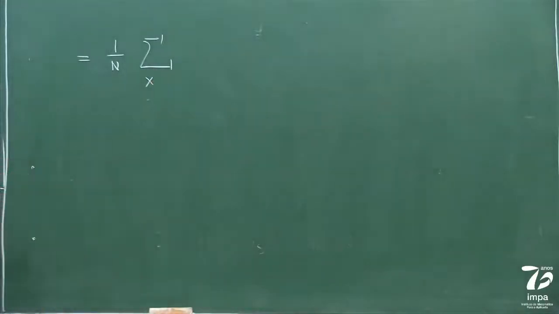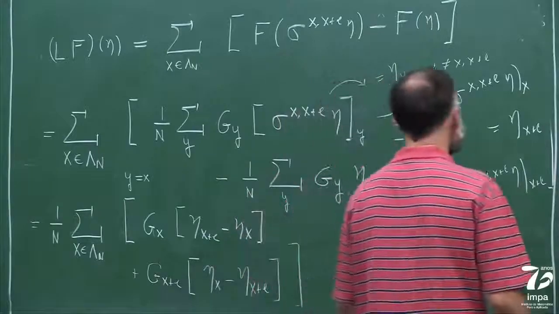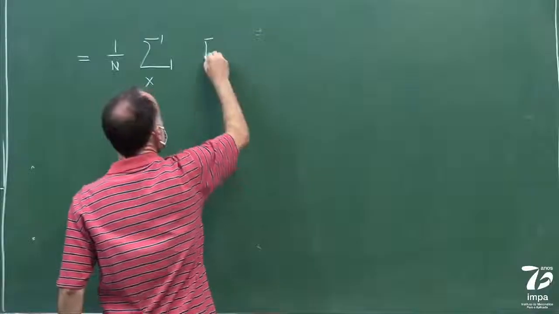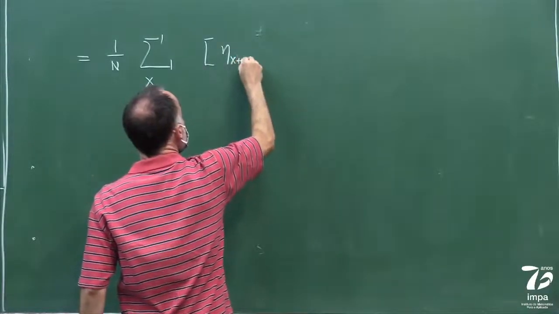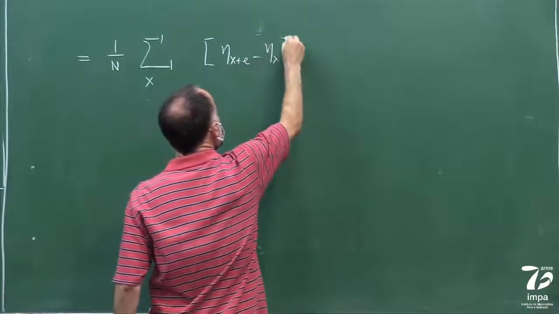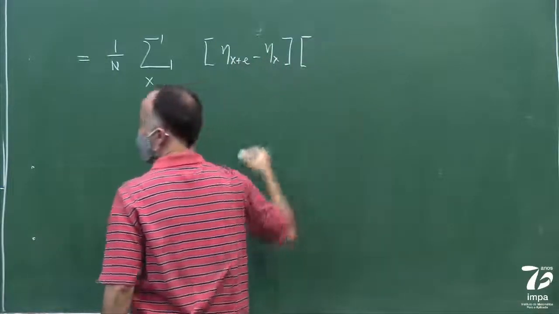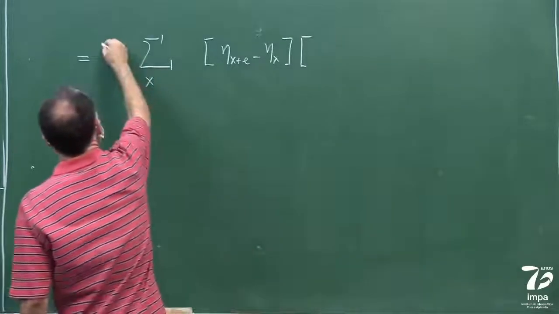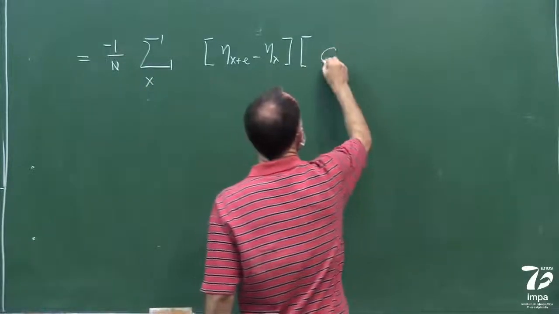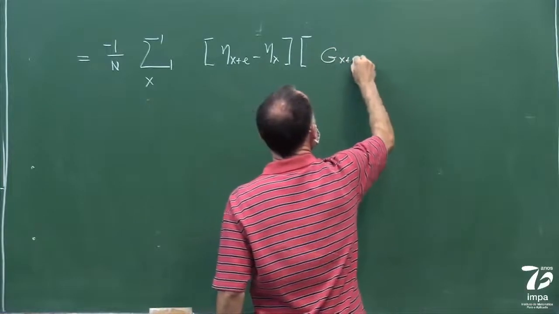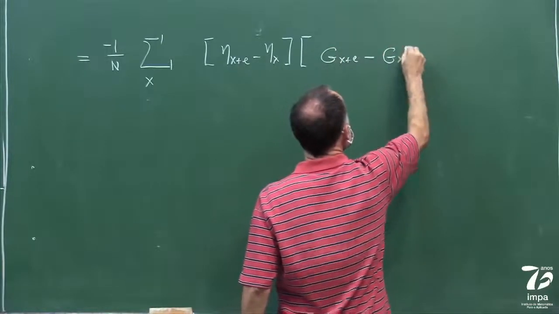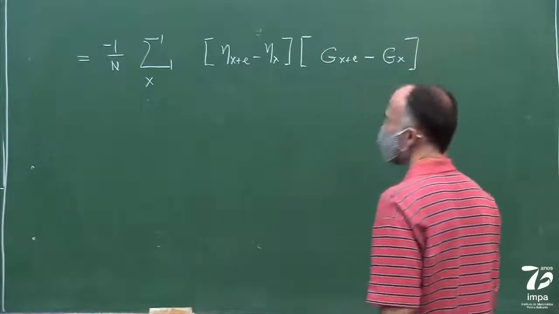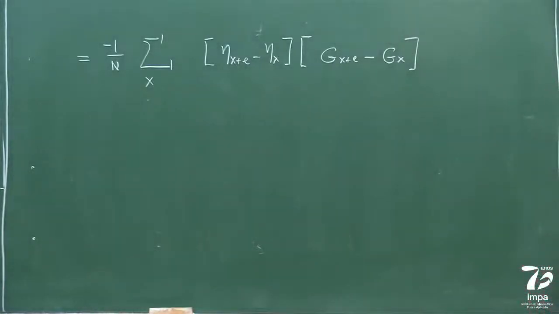And let me write that as eta x plus e minus eta x. And then I have g x minus g x plus e. So let me put minus, maybe, g x plus e minus g x. Okay, so this is L of f.